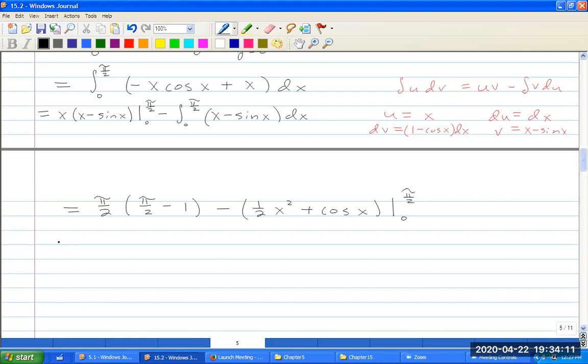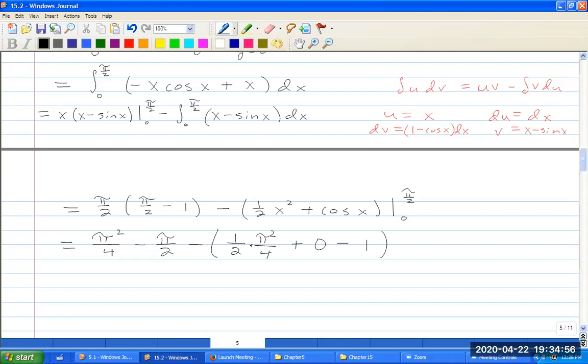So this is equal to pi squared over 4 plus minus pi over 2, minus, plug in that, they'll give you 1/2 pi squared over 4, pi over 2 is cosine pi over 2 is 0. Minus, plug in 0, you get 0 and 1.